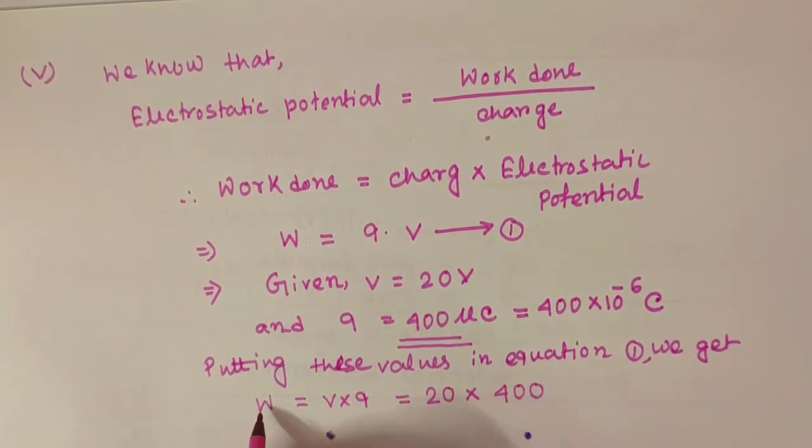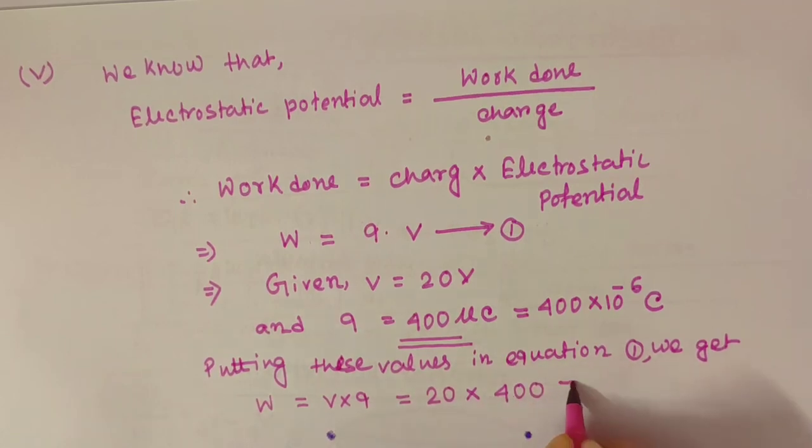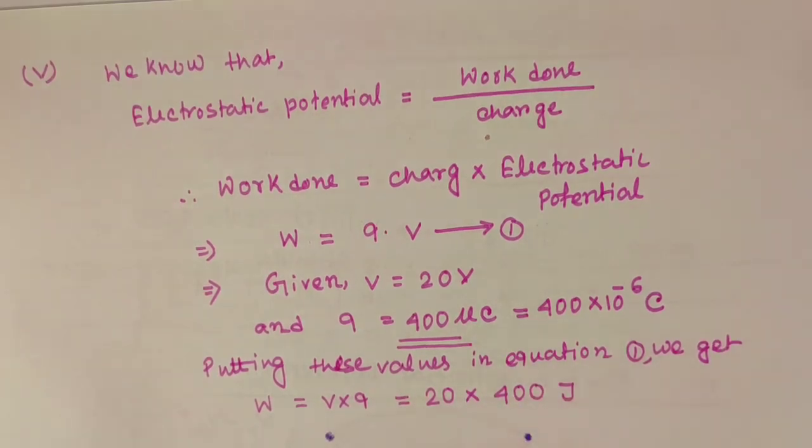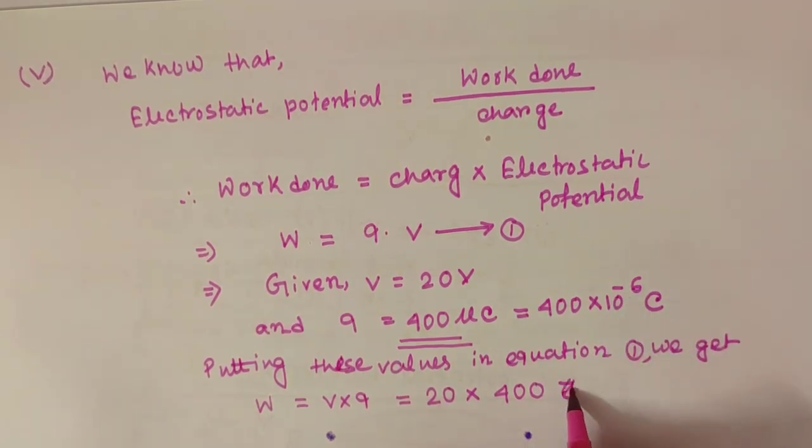And what is the unit of W? The unit of W is joule. So 20 into 400 into 10 to the power minus 6, then joule.